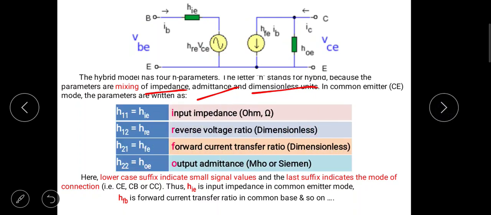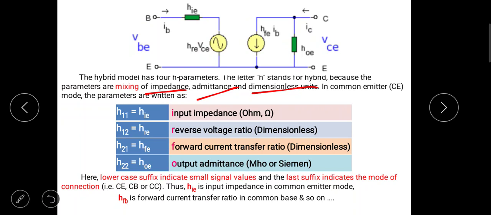Now we are interested in finding the hybrid parameters in a common emitter mode transistor circuit. We will go into detail about these later, but here come to the H parameters and their indications. If we see the first row of this table, H11 equals HIE. Here HIE is called the input impedance, whose unit is ohm.